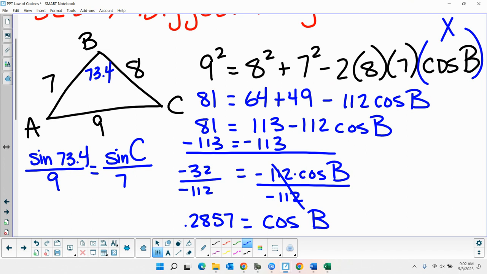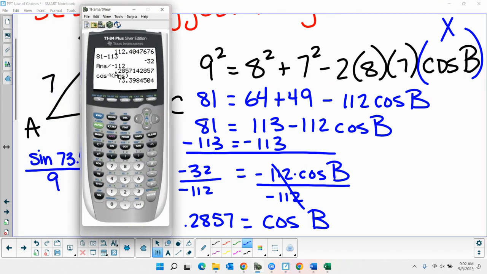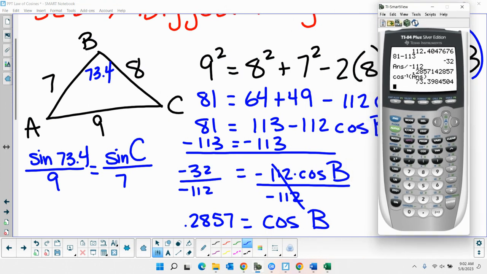Okay? So I'm going to move this back over so I can see what I'm supposed to type in. I already have that 73.4, so I'm going to hit sine of the answer because that's my answer right now. So sine of the answer times the 7, cross multiplying, divided by the 9.